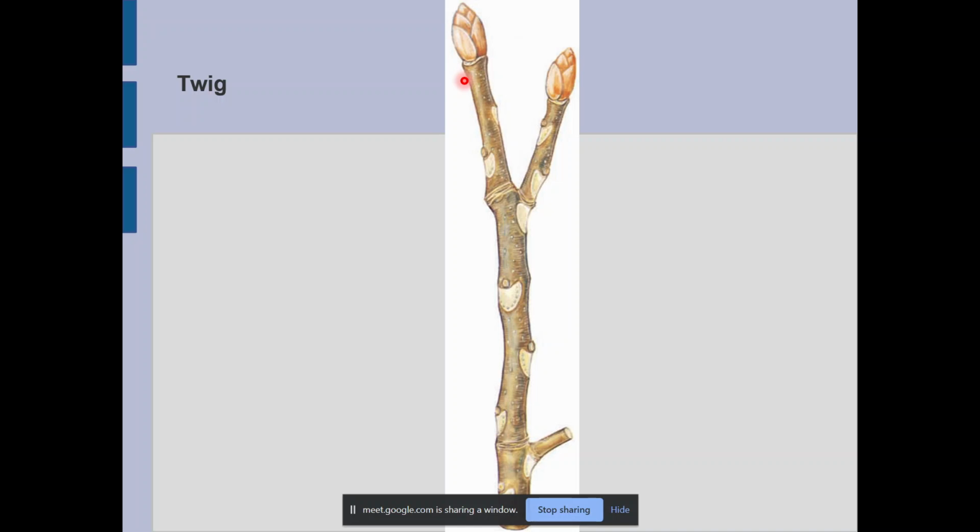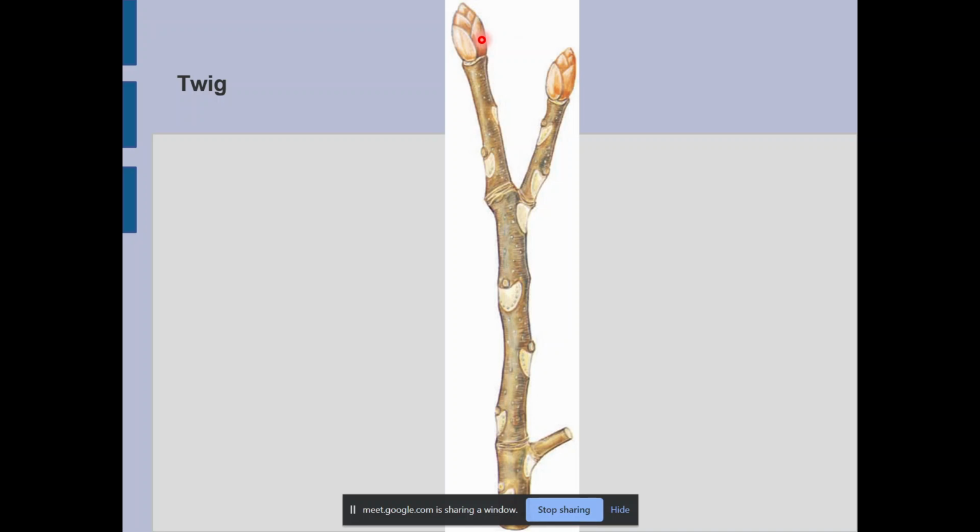It's covered by the bud scales that protect the bud, and these are the modified leaves.